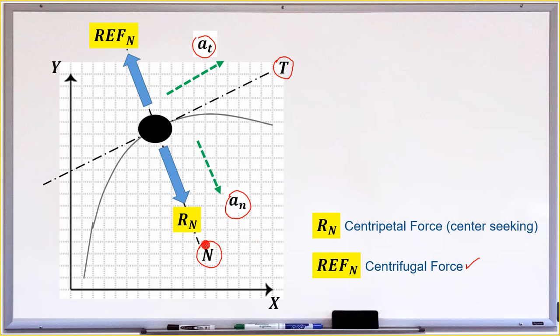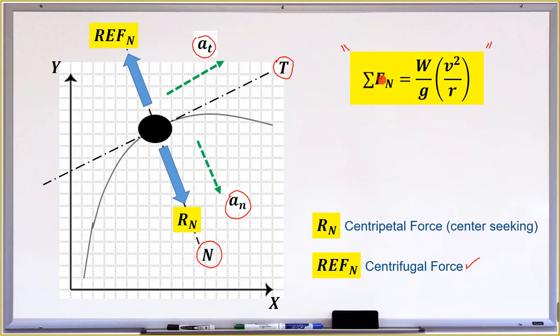Now, after we analyze the summation of forces along the normal axis, let's proceed to the tangential axis. The same thing that we did for the normal, but before that, let's show its mathematical expression for the normal.